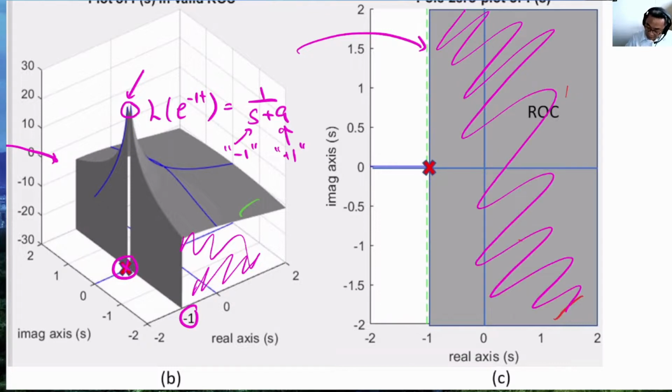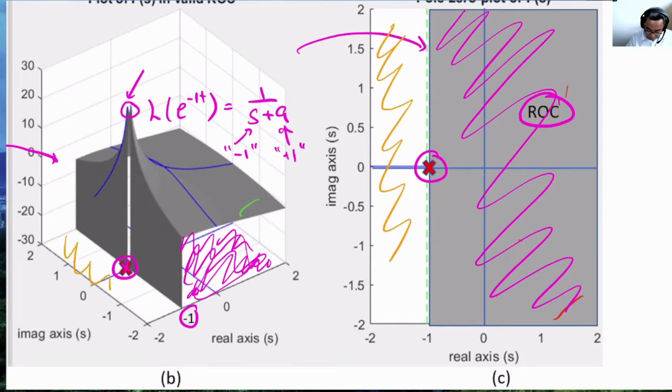And we are saying that everything on the right hand side of s equals minus 1 has the region of convergence. It is a valid Laplace transform. We are just saying that this region has the region of convergence, that it exists. What about those on the left hand side? On the left hand side, now I will draw it in orange. These do not exist.